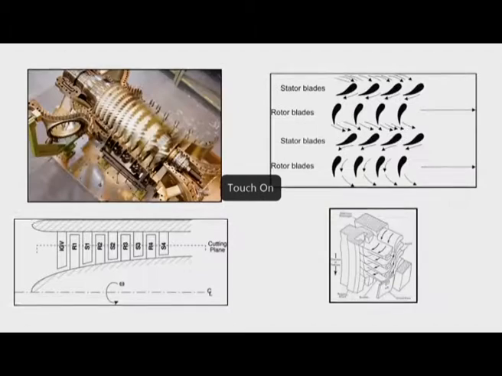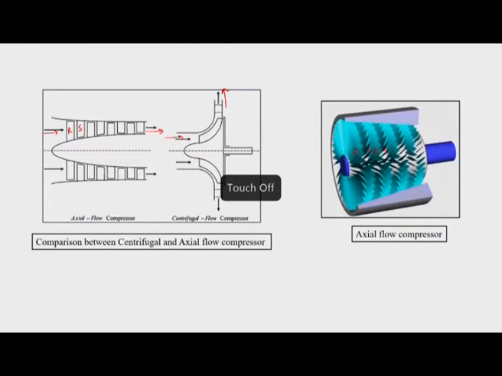Having said this, we will analyze the axial compressor in general as we did for the centrifugal compressor. In the case of the centrifugal compressor, we drew the inlet velocity triangle on the plane containing the axis of rotation, and we drew the outlet velocity triangle in the plane normal to the axis, or rather the one containing the radius vector of the impeller.